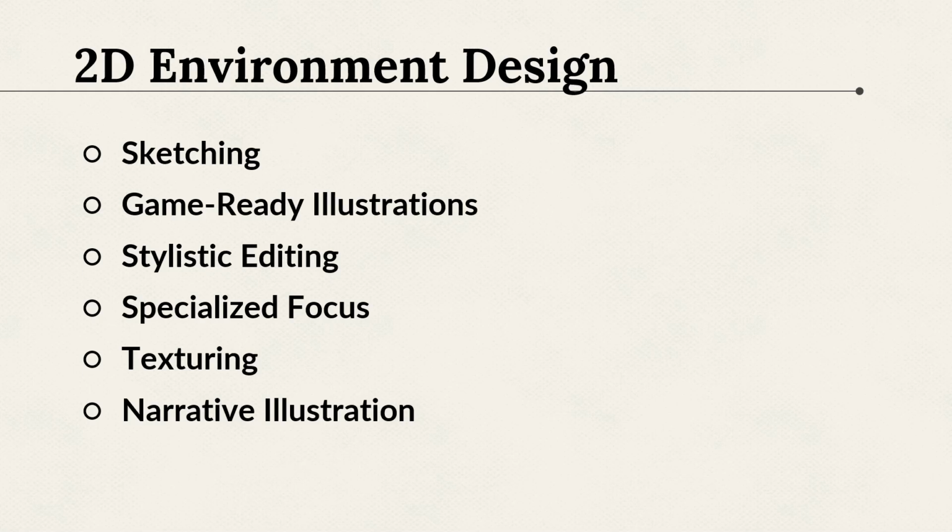I have the definition for each one of them that I want you to take a look at and see which one fits your game concept better and which of these you can use if you're designing a 2D environment.